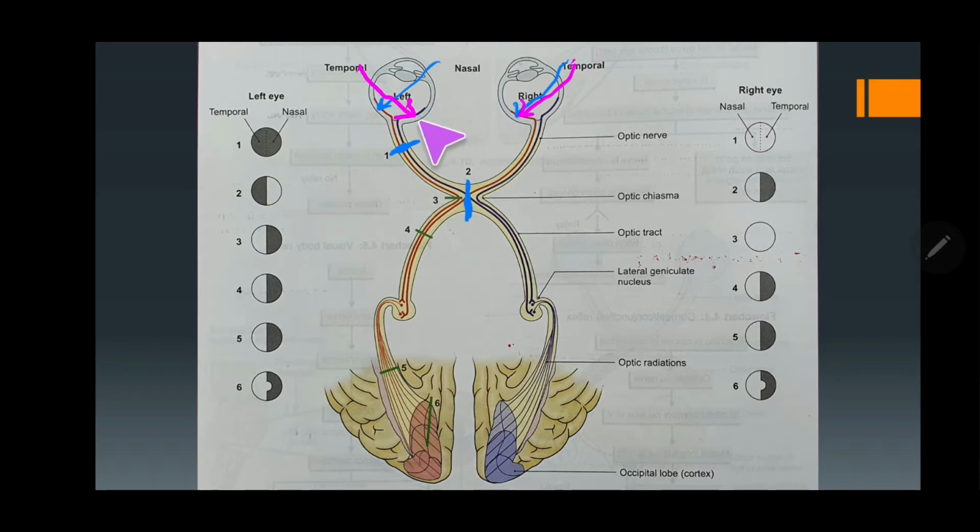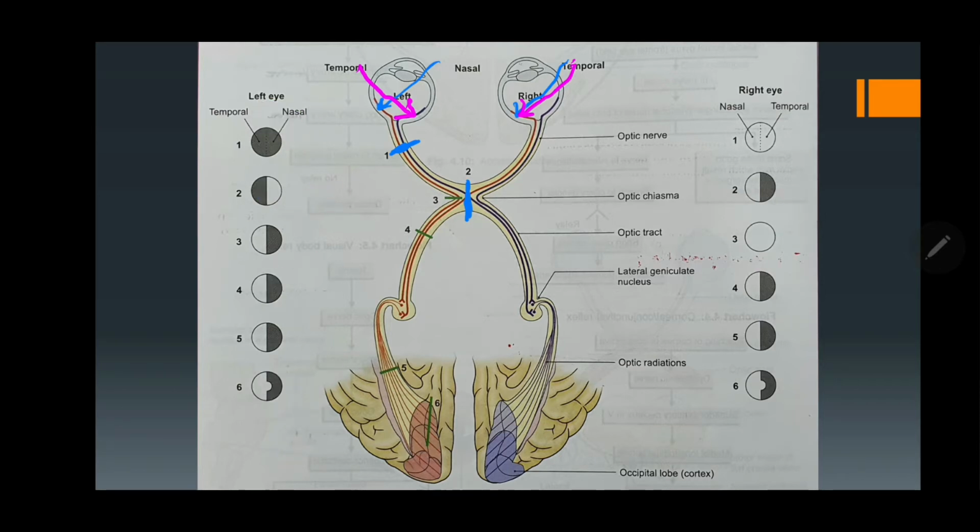So what will happen now if there is a lesion of the optic chiasma? It might be compression due to any tumors, or it might be experimentally done. So what you're seeing here is that there will be loss of vision in the temporal half of the visual field.